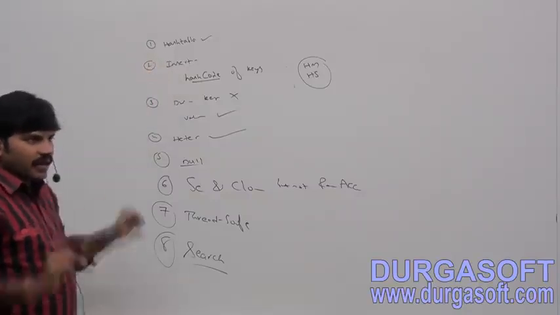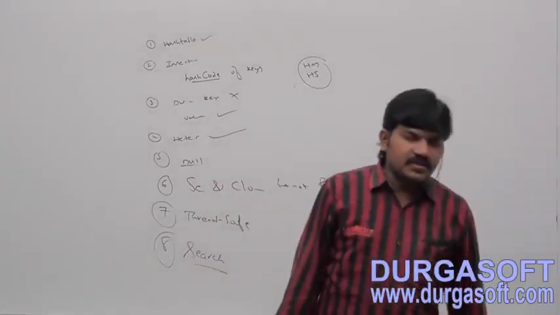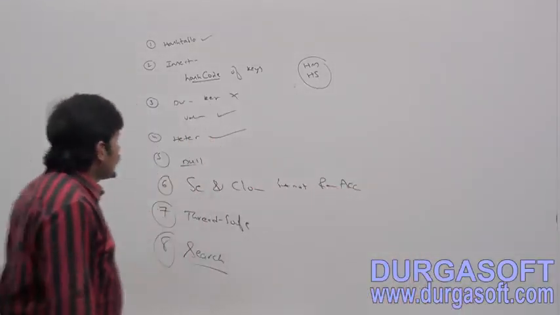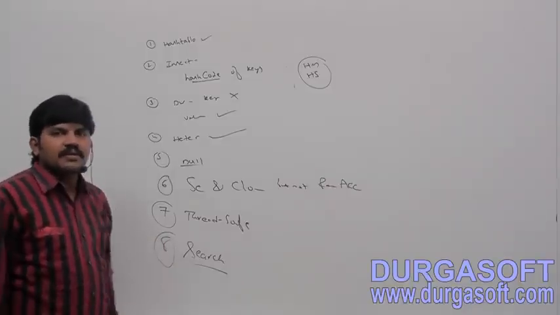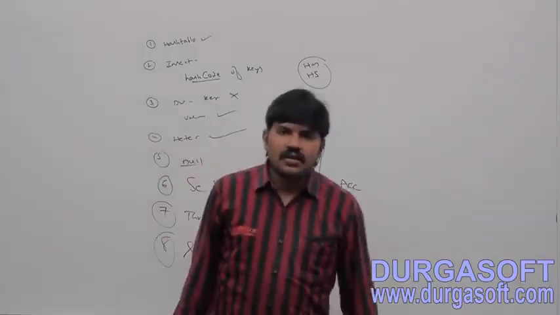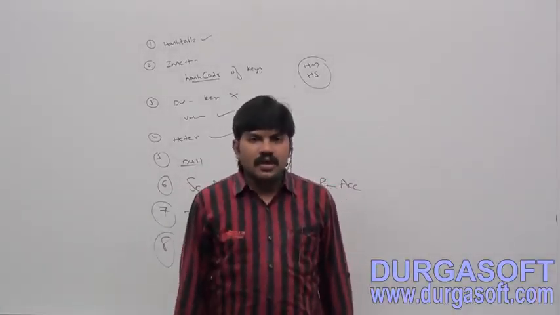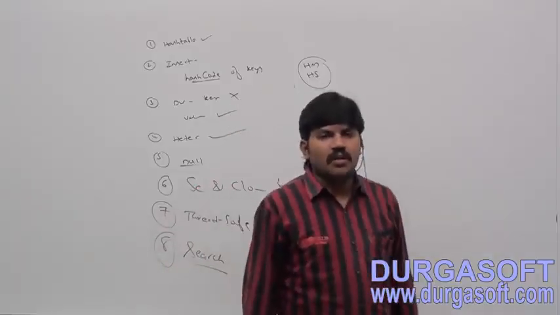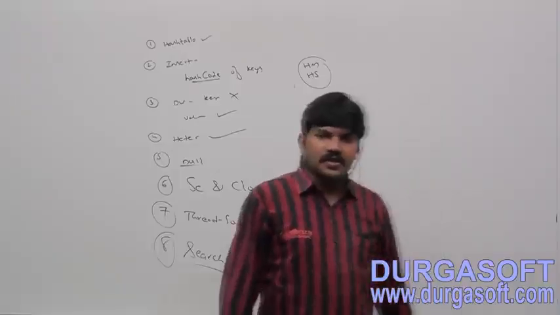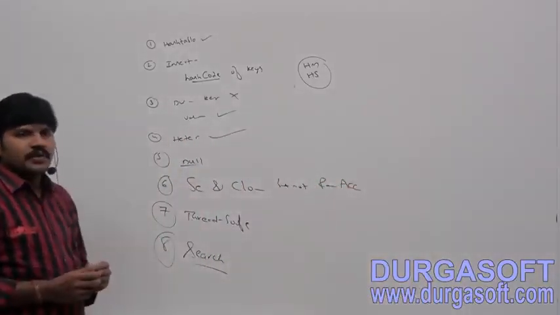Underline that, hash code of keys. Next, the third one: duplicate keys are not allowed and values can be duplicated.